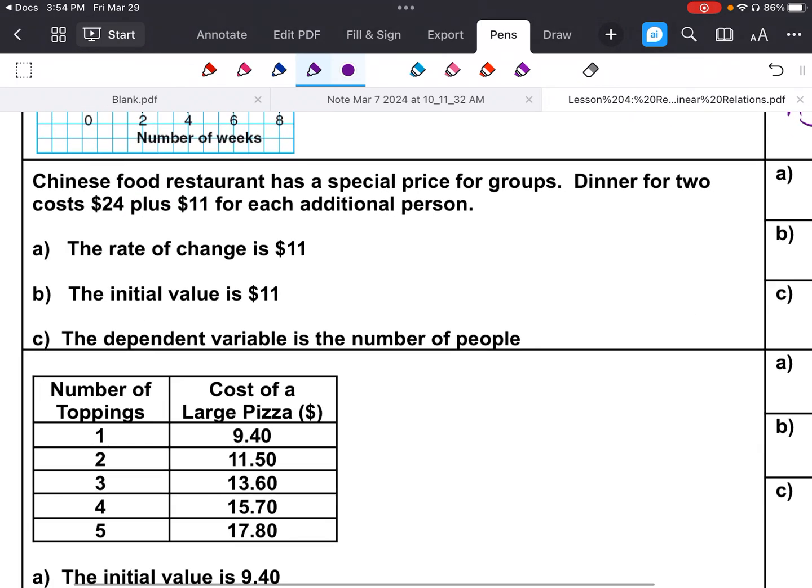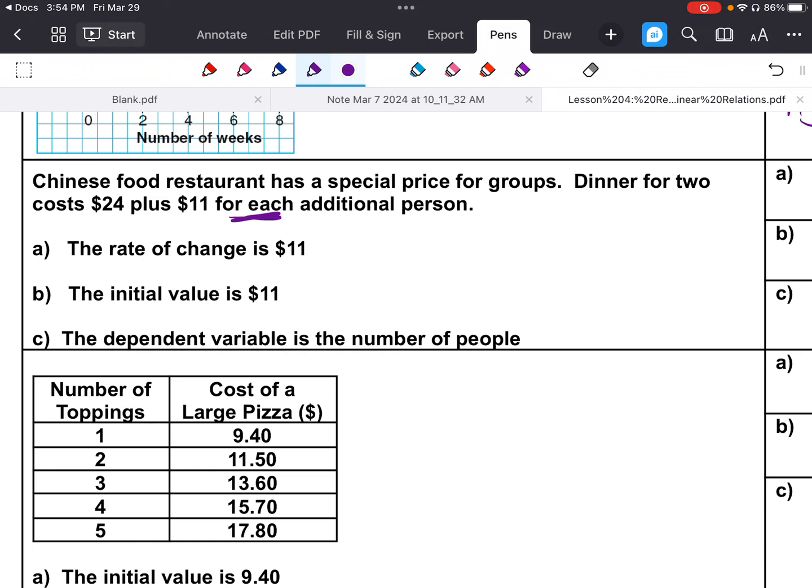Okay, next one, Chinese food restaurant has a special price for groups. Dinner for 2 costs $24 plus $11 for each additional person. The rate of change is $11. Yes, because anytime you see for each or per, that means that the slope will be the number that's associated with that.